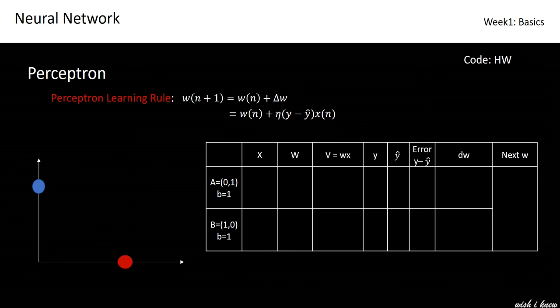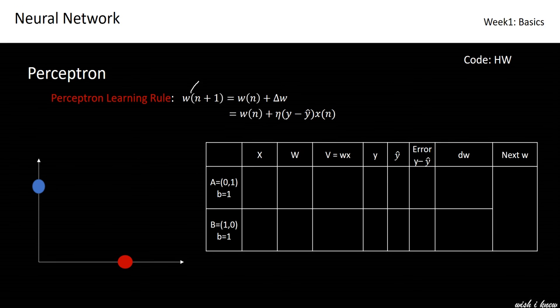So far, we've been talking about logic gates using perceptrons by guessing the weight vectors in a very clever way so that we can get the proper output for AND, NOT and XOR gates. However, if we don't know, and there's limited time to guess the correct weight vectors, then we can use the neural network in this manner. There is a specific rule for updating the weight vectors of the perceptron, called the perceptron learning rule.